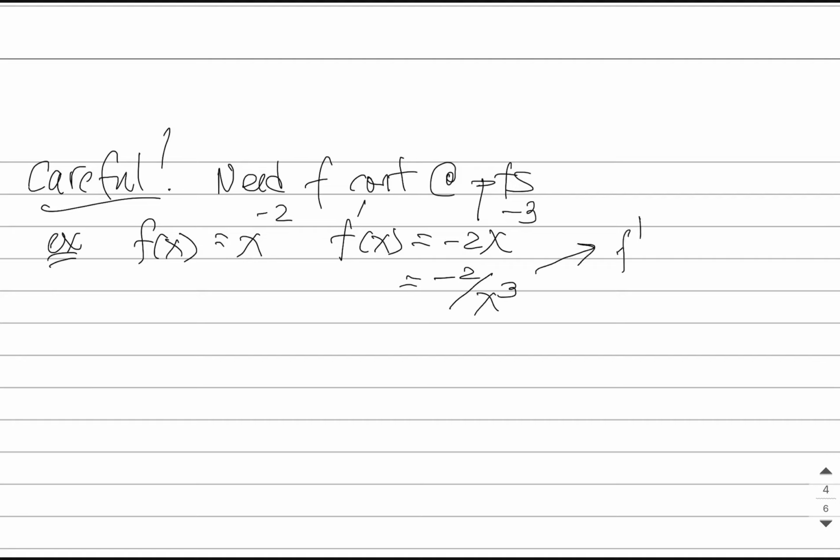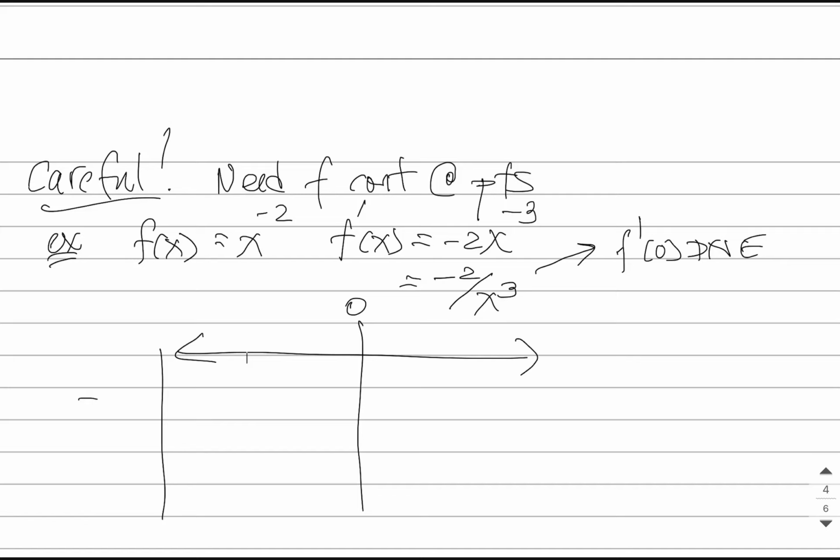F prime of 0 doesn't exist. So you might be saying, oh, okay, I'm going to build the same sign table that I did before. The factors are negative 2 and x cubed.